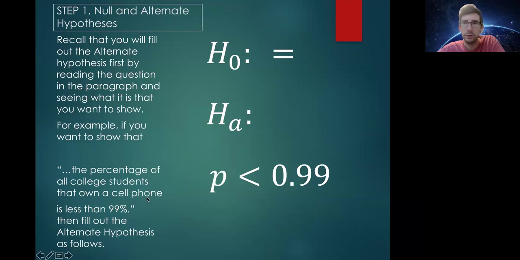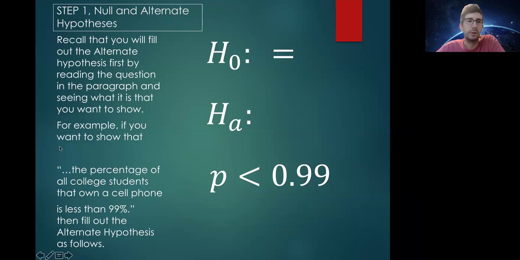So the first thing to note is that this is a categorical variable. It gives you the percentage, but the percentage of college students that own a cell phone, it's either a yes or a no. It's a categorical variable, so we know we're talking about a proportion.